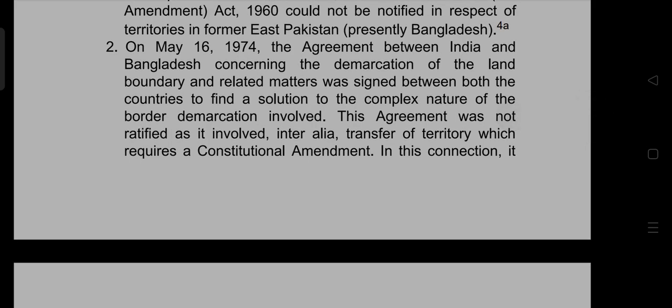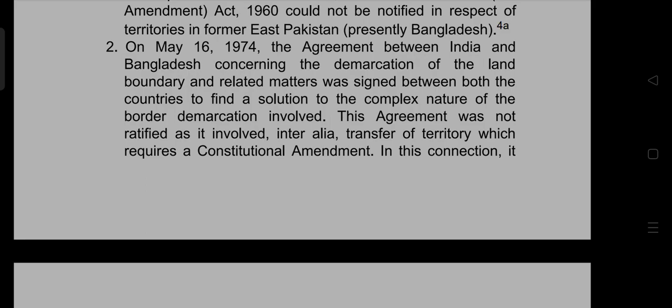Second, on May 16, 1974, the agreement between India and Bangladesh concerning the demarcation of the land boundary and related matters was signed between both the countries to find a solution to the complex nature of border demarcation.